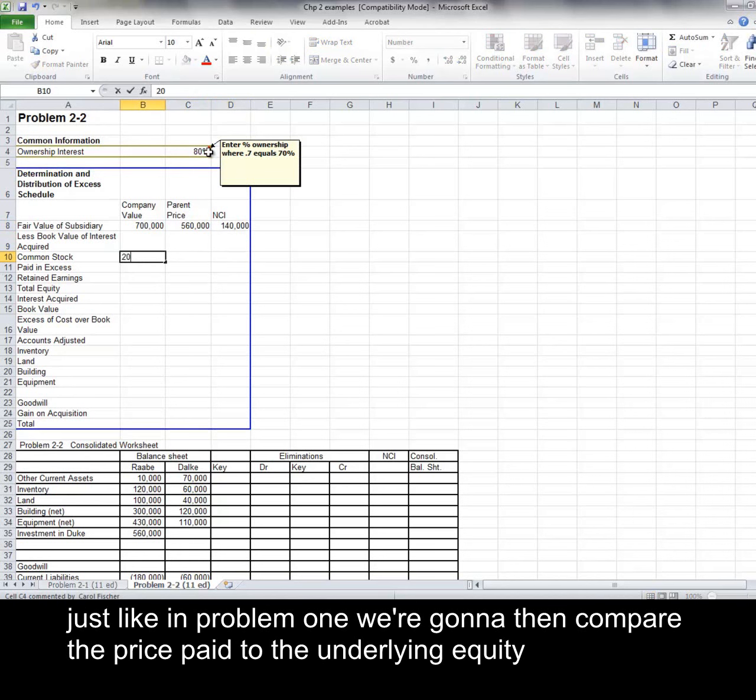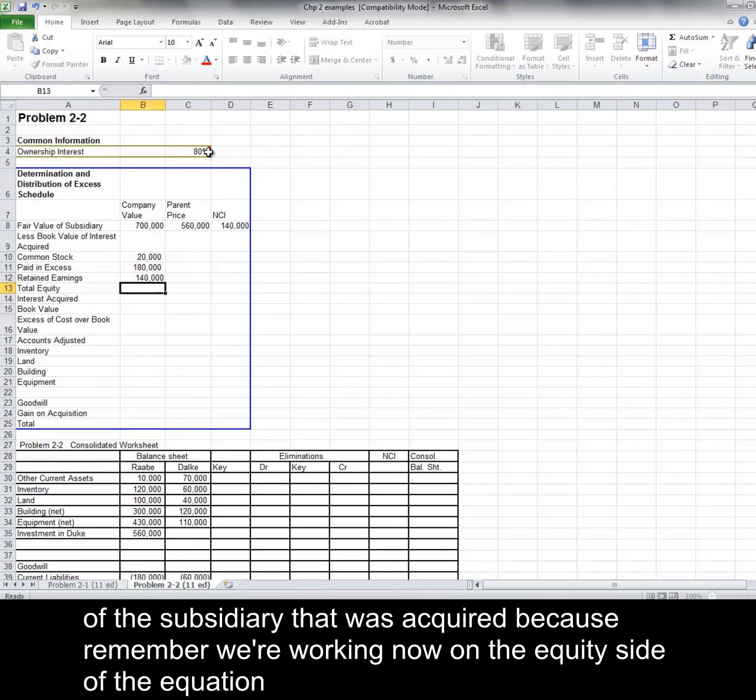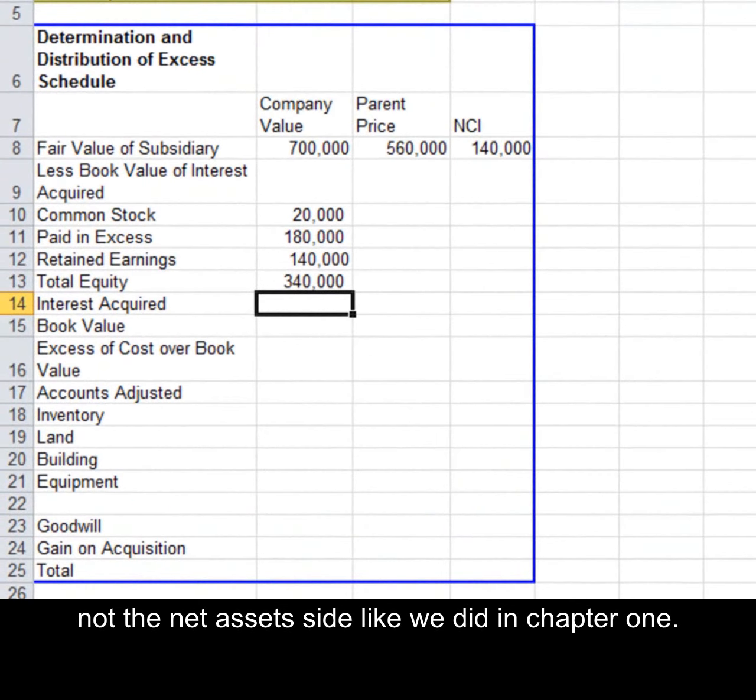Just like in Problem 1, we're going to then compare the price paid to the underlying equity of the subsidiary that was acquired. Because remember, we're working now on the equity side of the equation, not the net asset side like we did in Chapter 1.